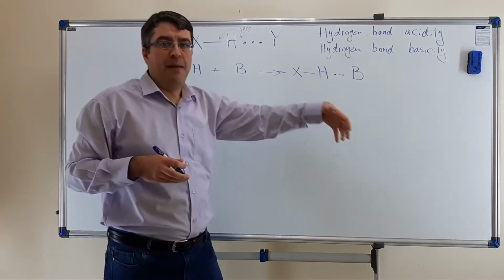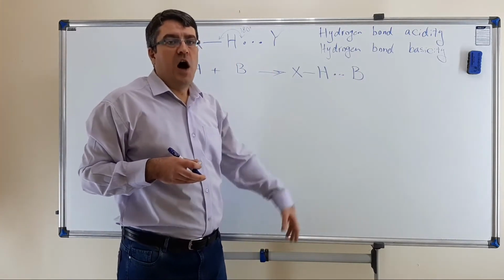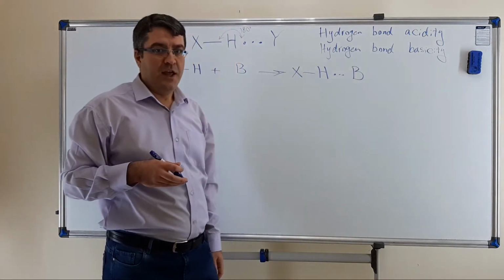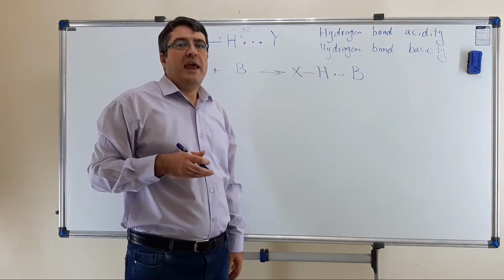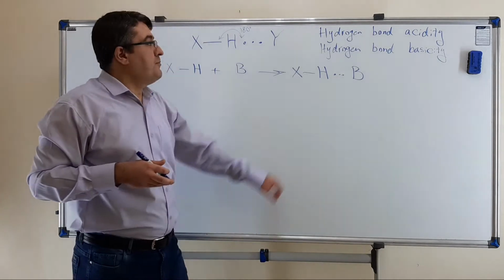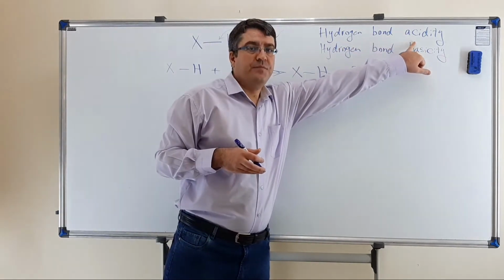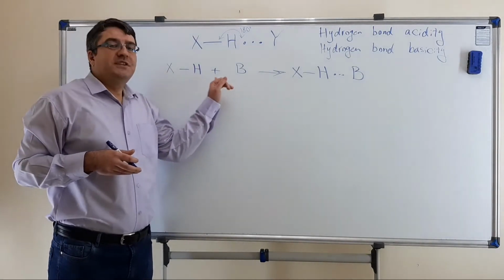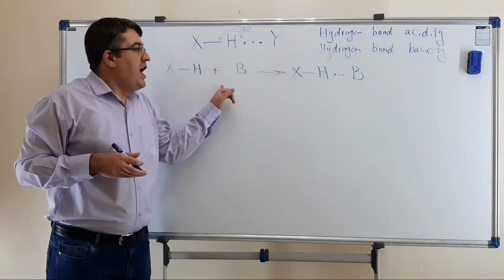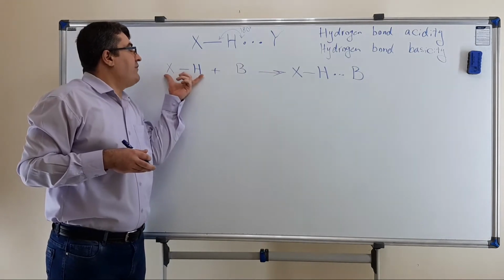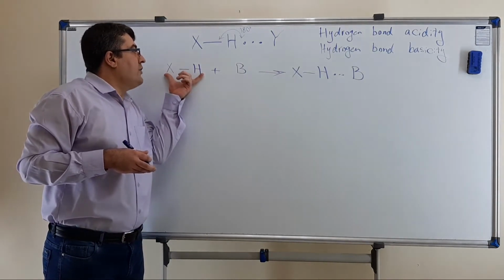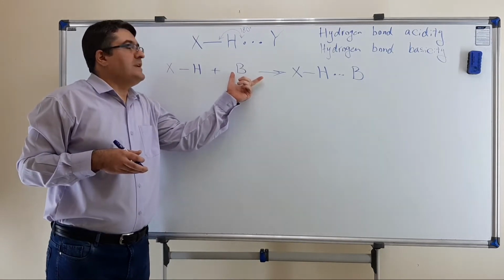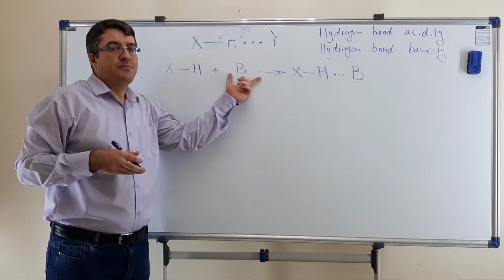In this regard, we can build scales of hydrogen bond acidities or hydrogen bond basicities. For a scale of hydrogen bond acidity, we deal with reactions like this between a series of hydrogen bond donors and a reference Lewis base, a reference hydrogen bond acceptor.